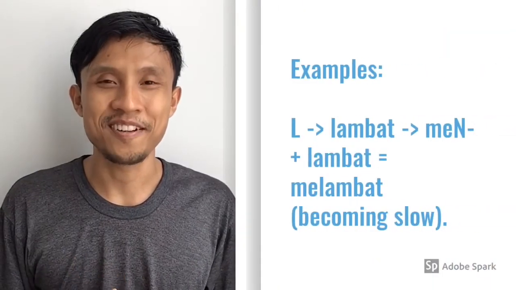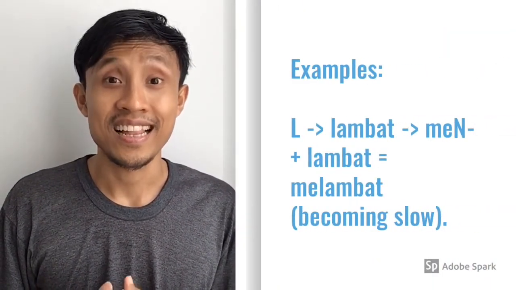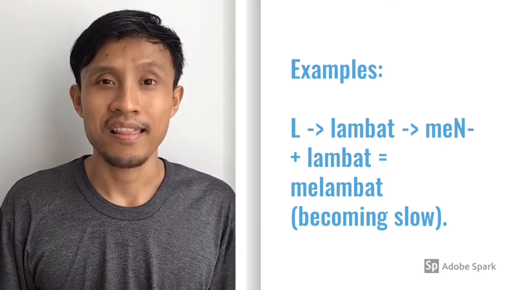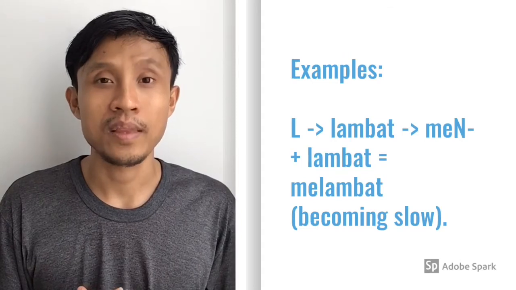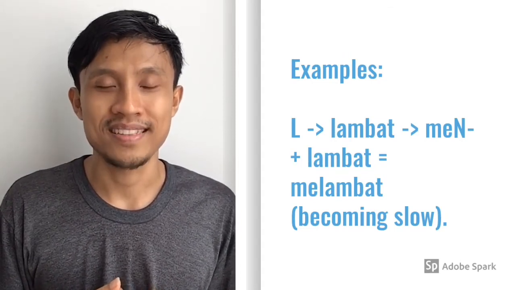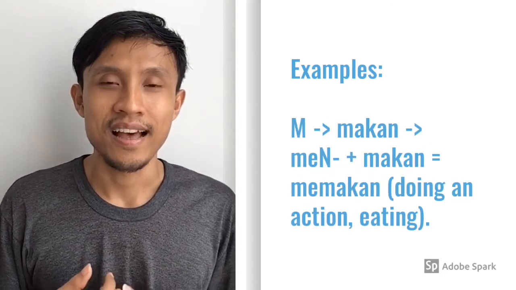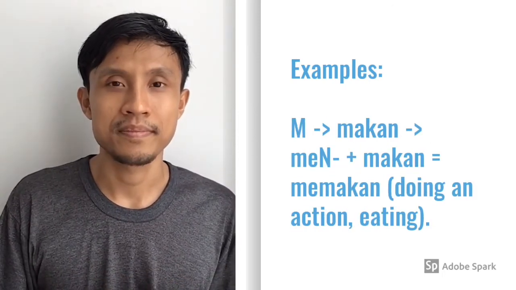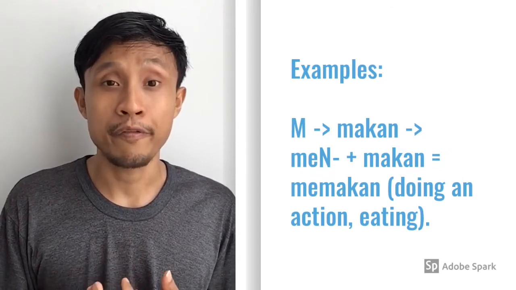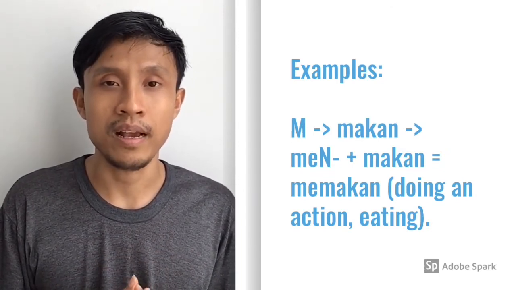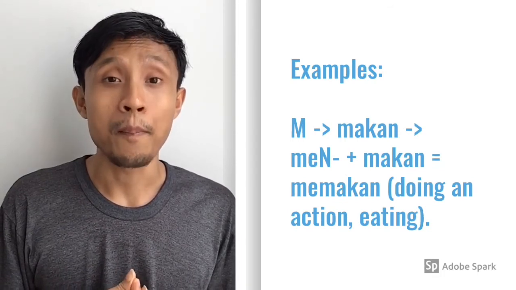For example, L, lambat, then we put prefix me before the word, becoming melambat. Then M, makan, we put prefix me before the word, becoming memakan.